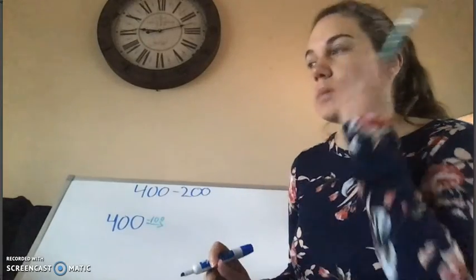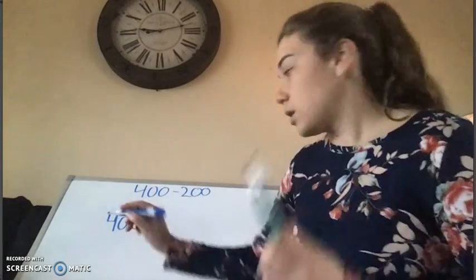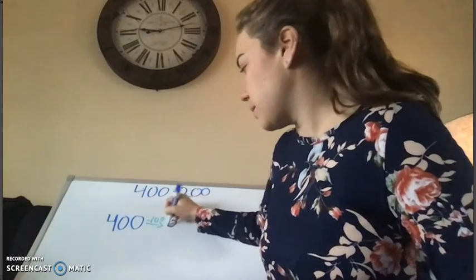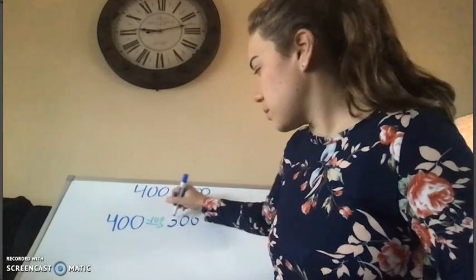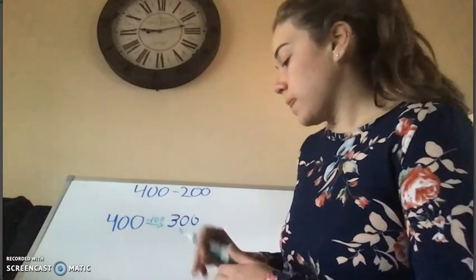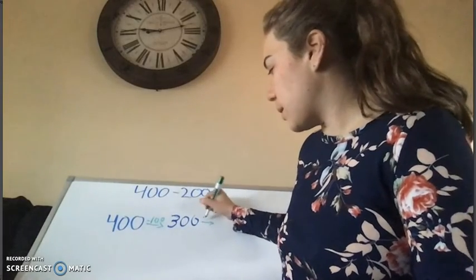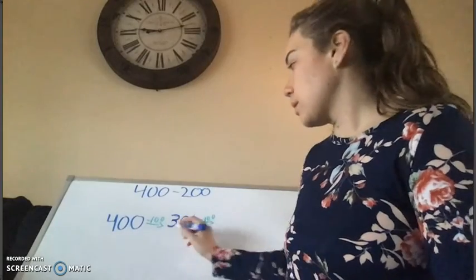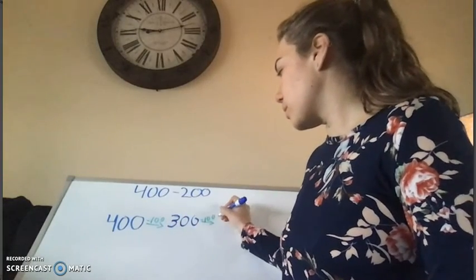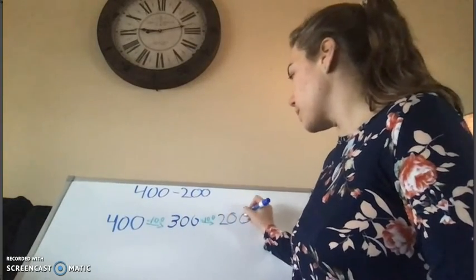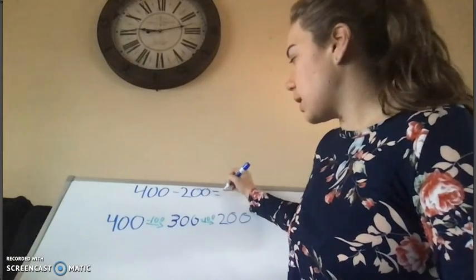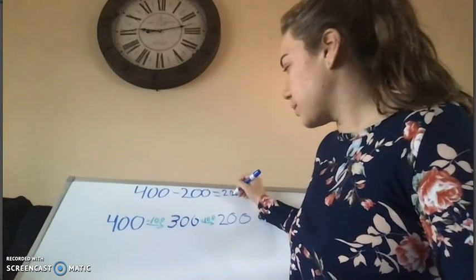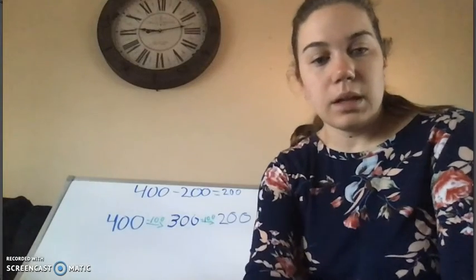What's our new answer? Good, 300. Now we take another 100 away. What do we get? Good, 200. So 400 minus 200 is 200. Nice work.